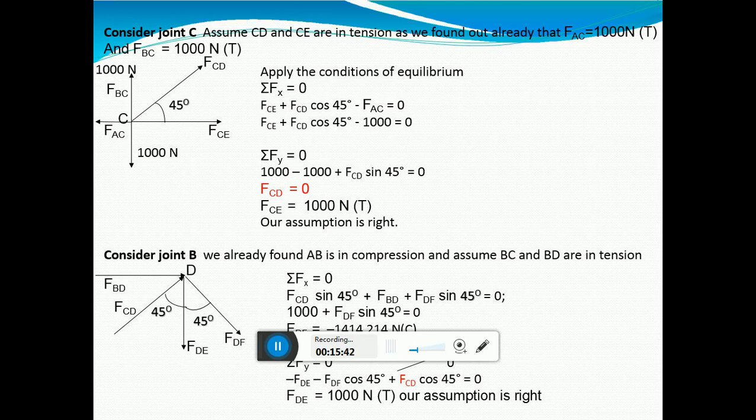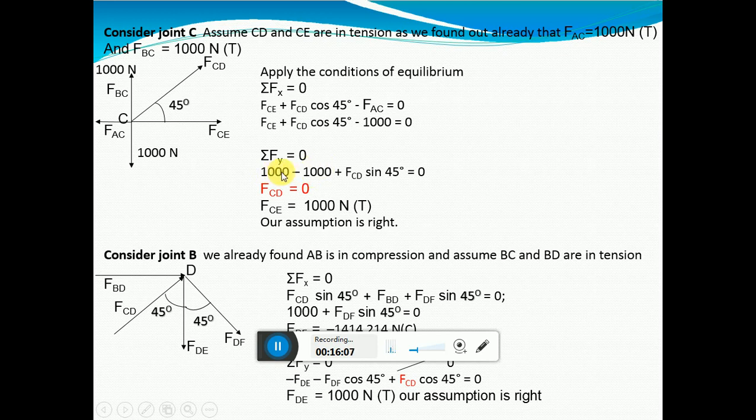FBC, we have already found it as 1000 Newton, so applying 1000 Newton here. FBC plus 1000 minus 1000, and along y direction FCD sine 45 moving towards positive y direction, so it is plus FCD sine 45. But what is plus 1000 and minus 1000?